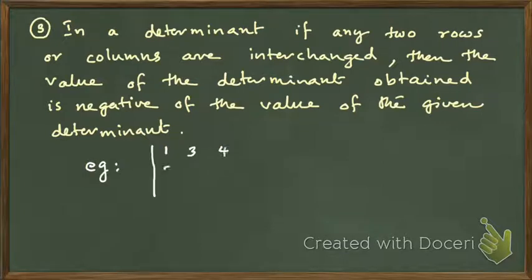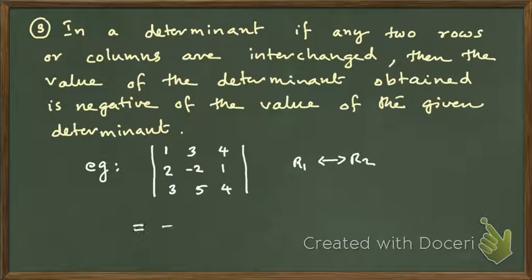For example, if I interchange two rows, I take R1 and put it in R2's place, and bring R2 to R1's place, it's going to be the negative of its original value. So if the value of the first determinant was 10, after this interchange of rows, the value would be negative 10. The value becomes negative.